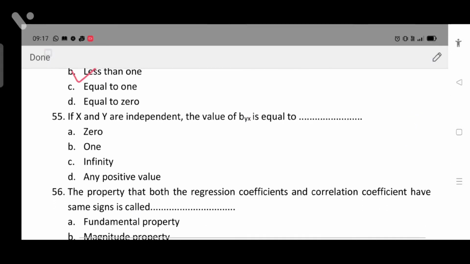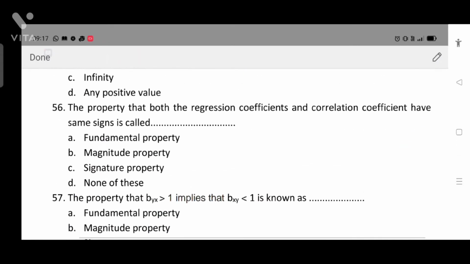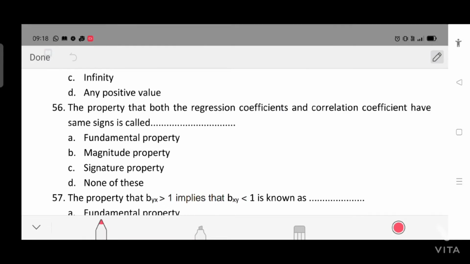If x and y are independent, then the value of byx is equal to A, B, C, D. The answer is 0. The property that both the regression coefficient and correlation coefficient have the same sign is called A, B, C, D. Signature property.